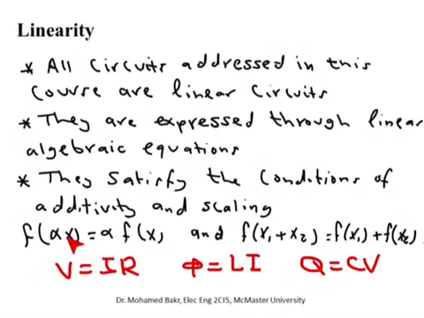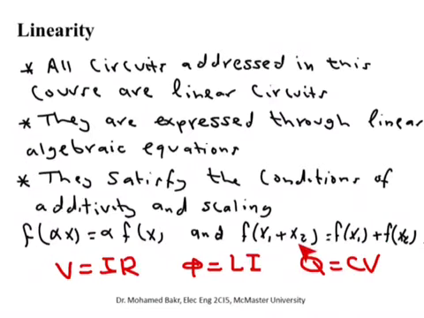If you scale up the excitation by a factor alpha, if alpha is 10, it means you multiply the excitation by 10. This means that the output will also be scaled by 10, by the same factor. And if you have two different inputs, x1 and x2, x1 will give you an output, which is f of x1.